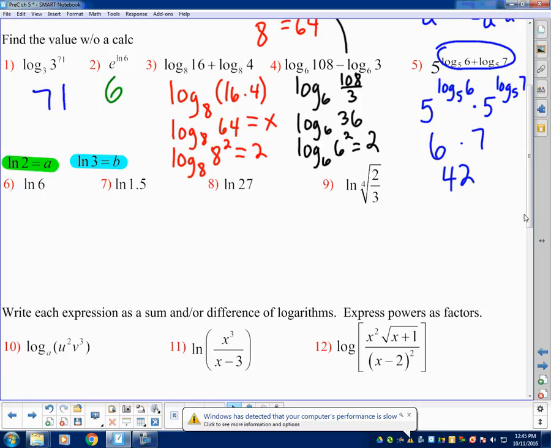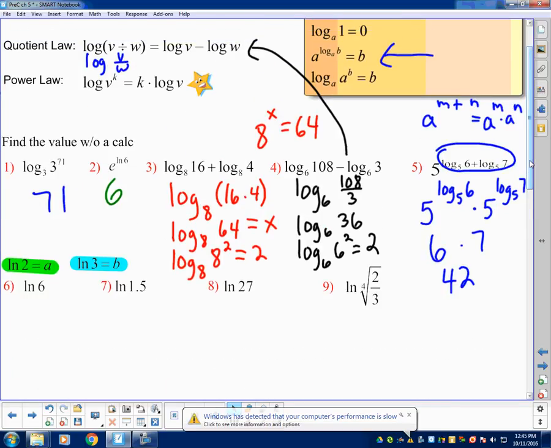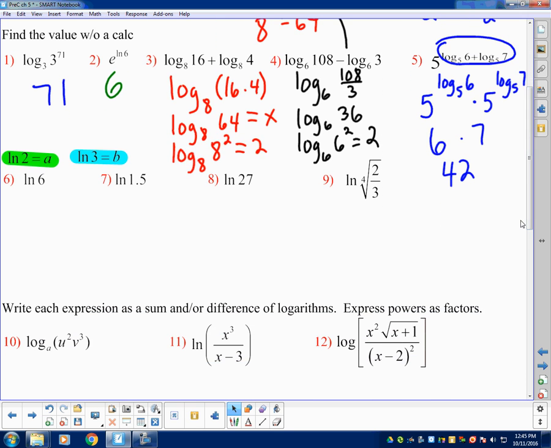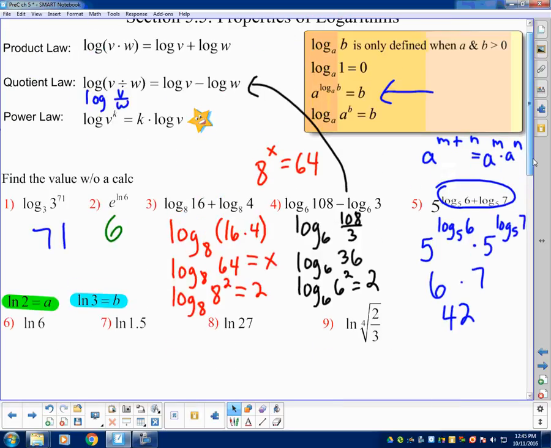And between this power law and the fundamental theorem of arithmetic, you could rewrite any of these numbers, even some decimals here, as a product or a quotient of prime numbers, and then also use the quotient and product laws to write them as a sum and difference of logs.